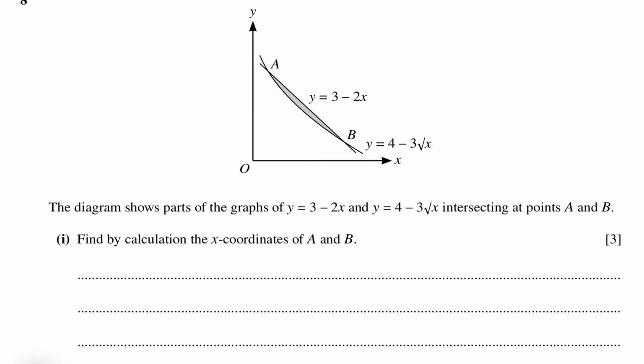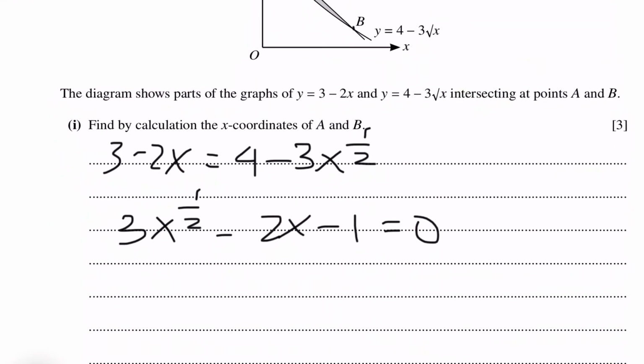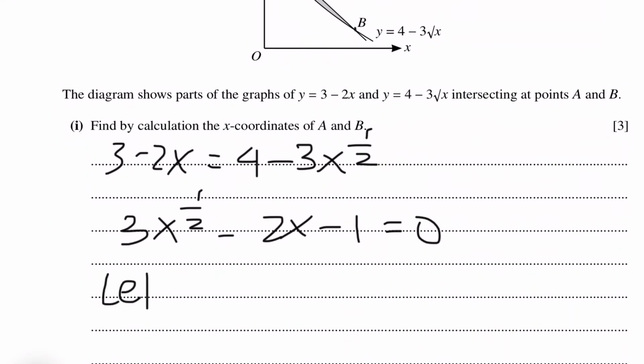Find by calculation the x-coordinates of A and B. We know that A and B are the points of intersection, so we can just equate the graphs with each other. So 3 minus 2x is equal to 4 minus 3x to the power of half. And your equation will be 3x to the power of half minus 2x minus 1 is equal to 0. Now I'm going to let u be x to the power of half.